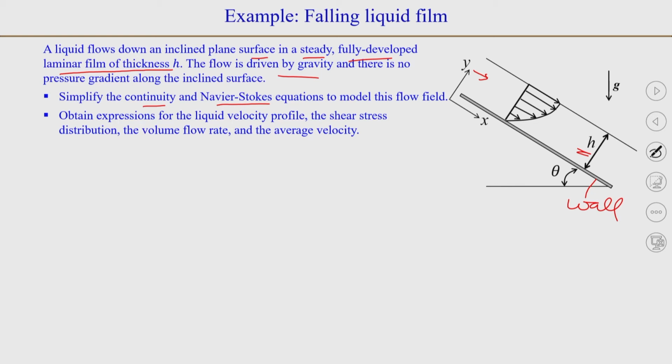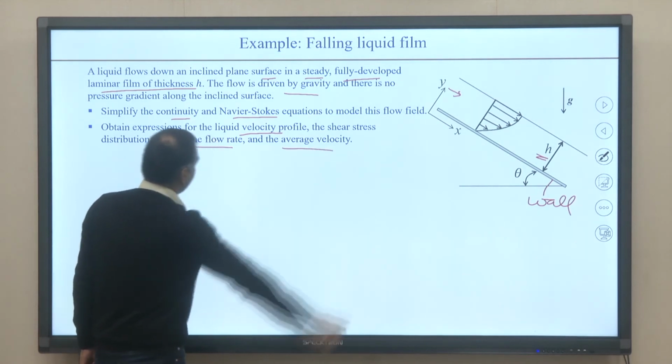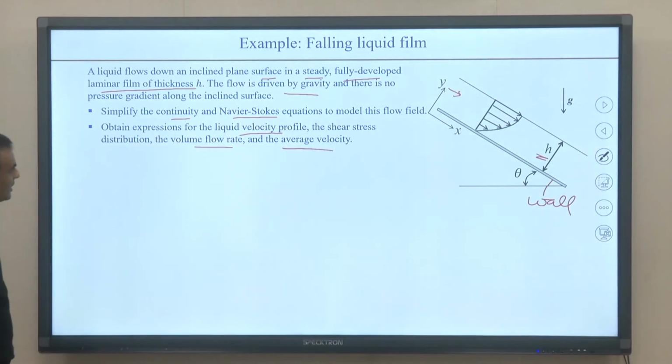In this course, until and unless it has been specified that the flow is compressible, we will treat the flow to be incompressible. Once we have simplified the equations, we will need to find the velocity profile in the liquid, the shear stress distribution in the liquid film, and the volume flow rate, and once we find the volume flow rate, we need to find the average velocity.